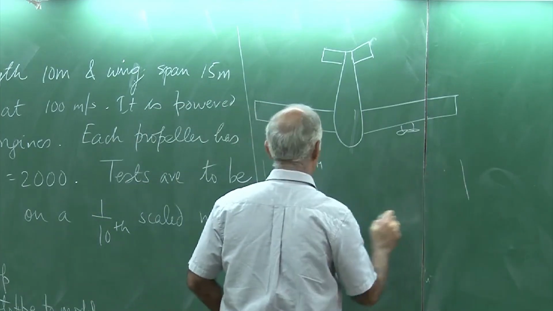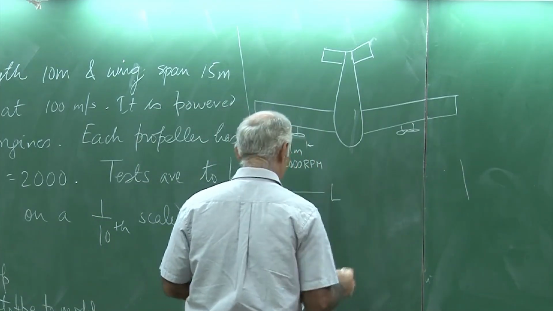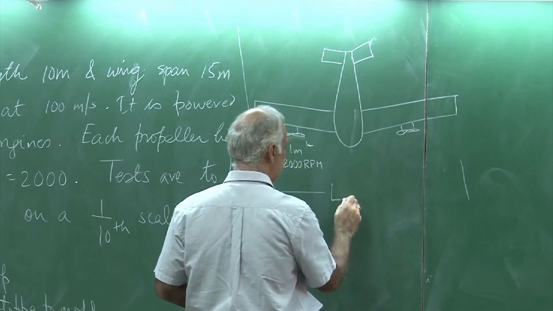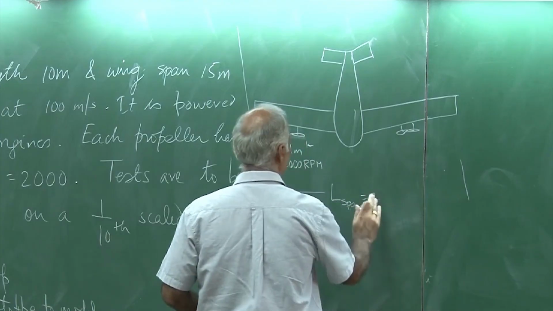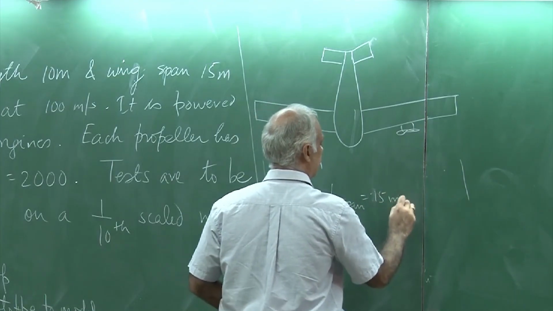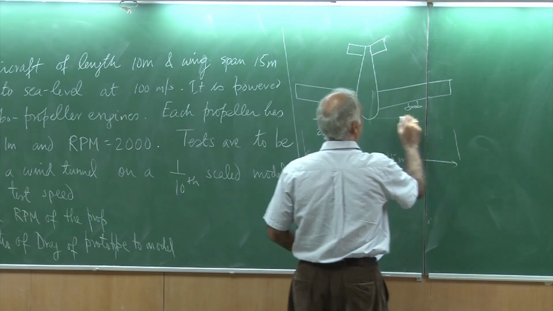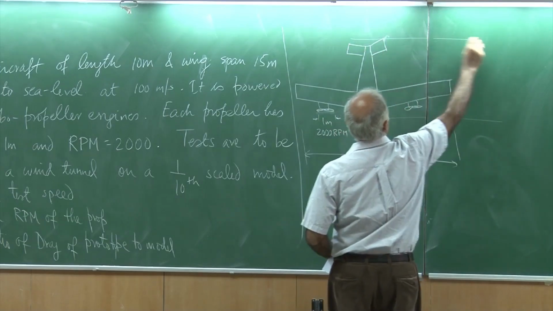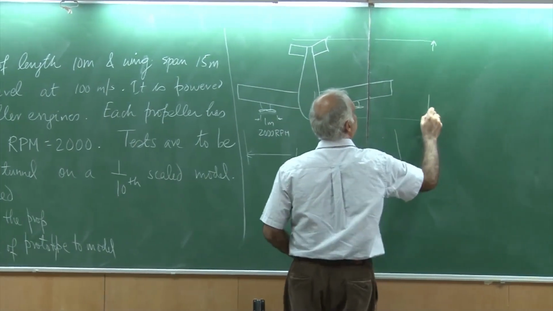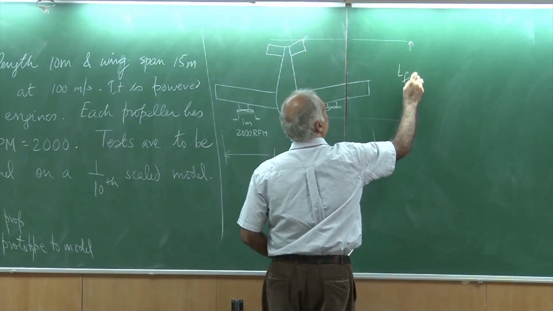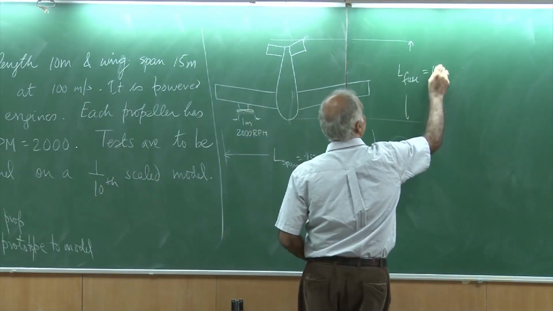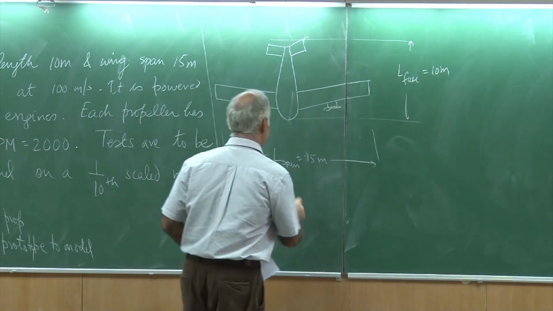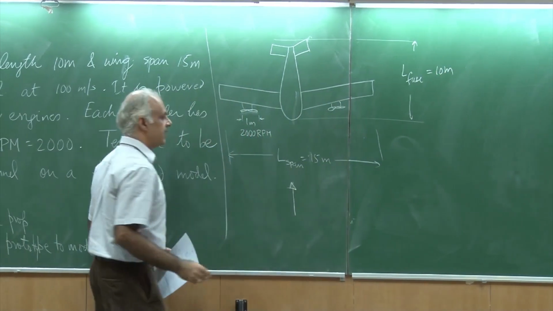The wingspan, if I call this L span, is 15 meter, and this length of the aircraft, L fuselage, is 10 meter, and this is the air coming at it.